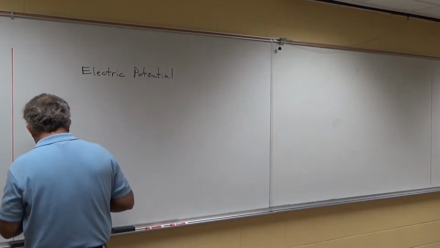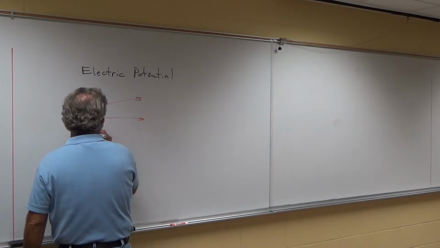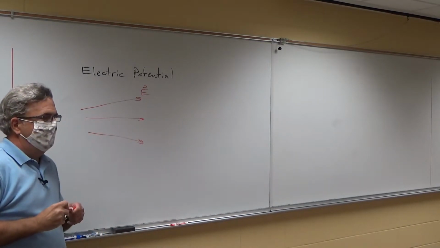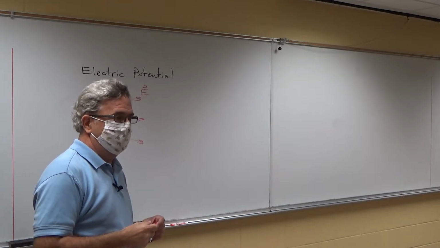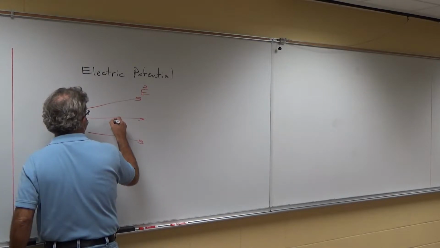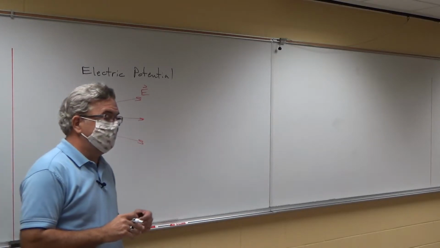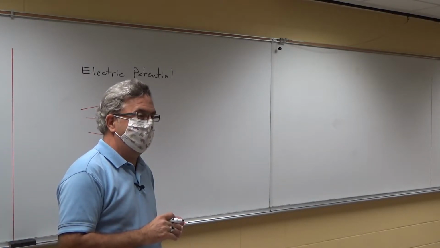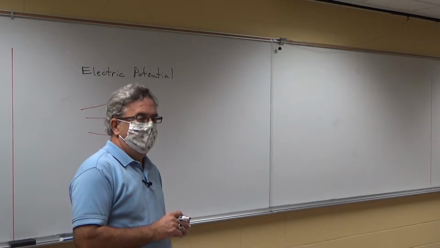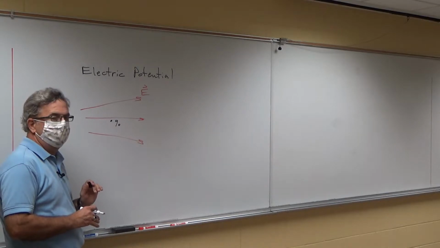So imagine a uniform, it doesn't have to be uniform, let's just say any old field. Here's some electric field. Place a test charge in this field, a little Q naught, it's positive. Due to this charge being in that electric field, there is some electric potential energy, based on the position of the charge in the field and the strength of the field.